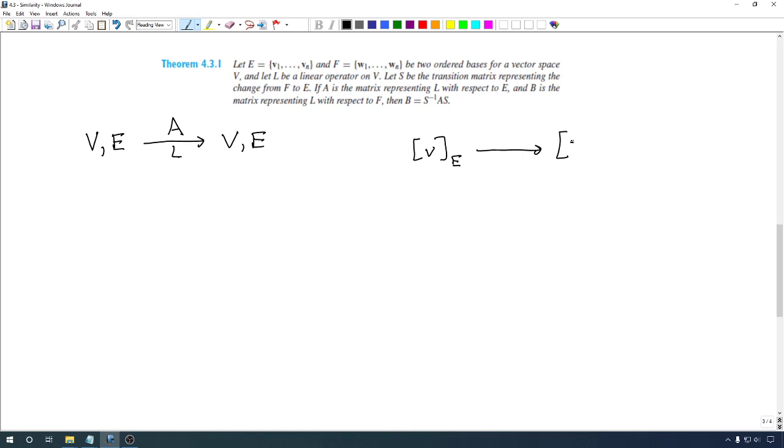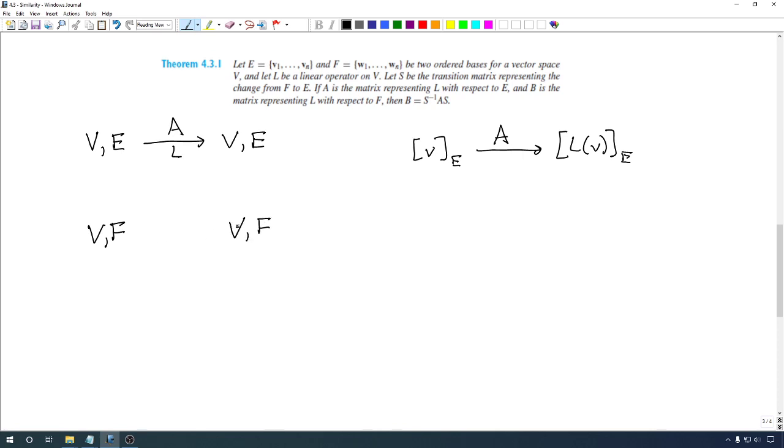Well, we go to L of v, still in the basis E, but we get there by just multiplying this coordinate vector by A. So we can just say the coordinates of L of v are A times the coordinates of v in E. We do the exact same thing for F. So here we're still working with the vector space V, but using F instead.